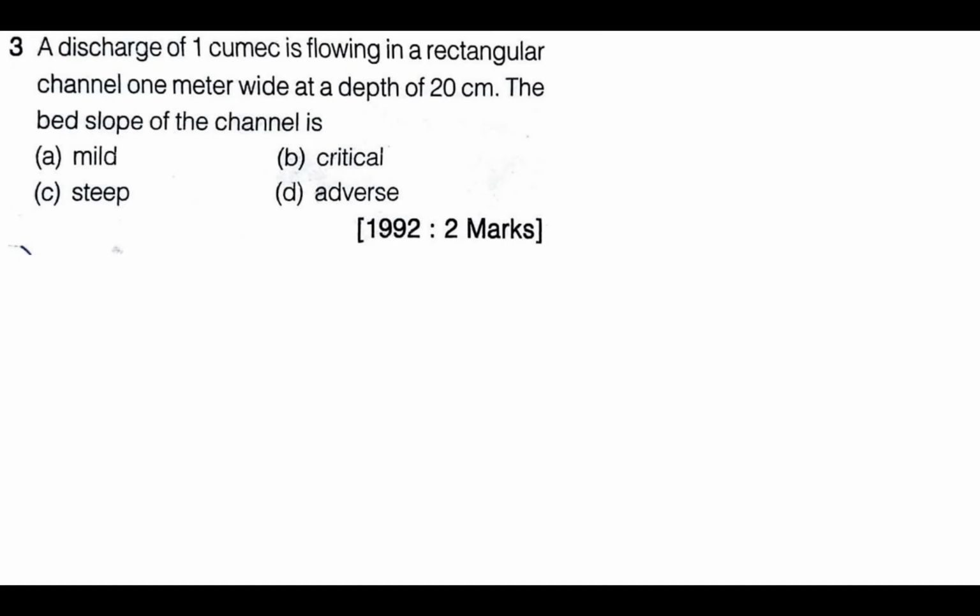So the question is given: one rectangular channel, discharge is equal to 1 cubic, width is 1 meter and your depth is 20 centimeter, so 0.2 meter you can write.